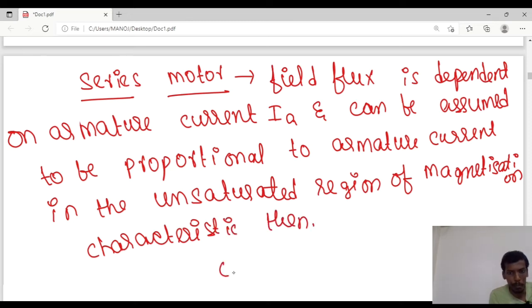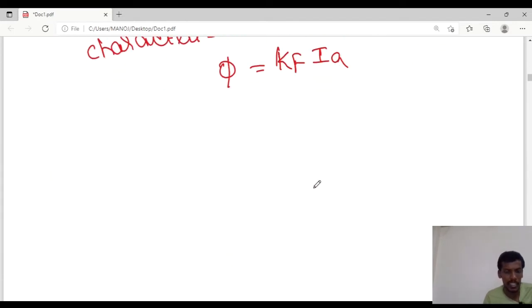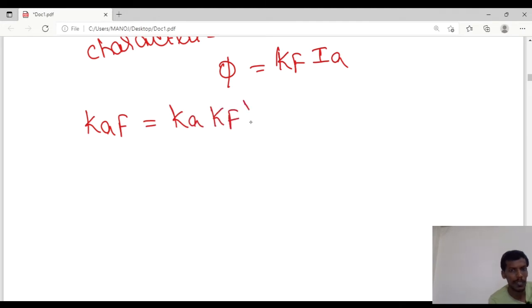Then phi equals Kf into Ia, so I can write the constant Kaf equal to Ka into Kf. As you know, back EMF in a series motor is Eb equal to Ka phi into omega.